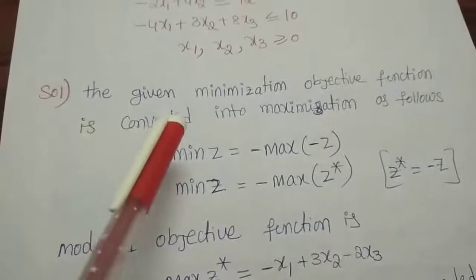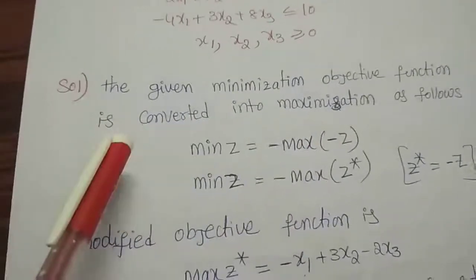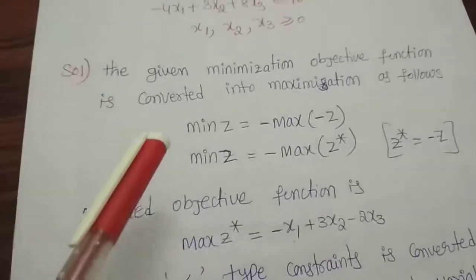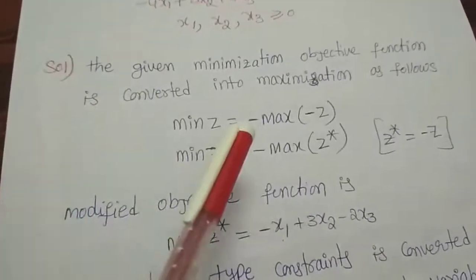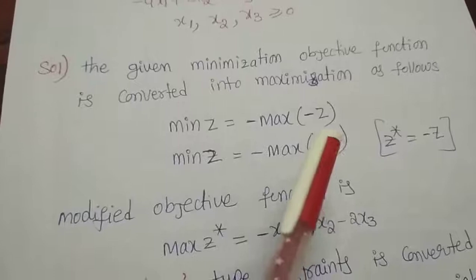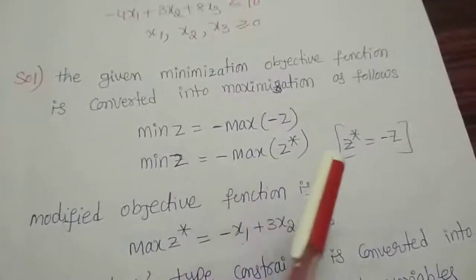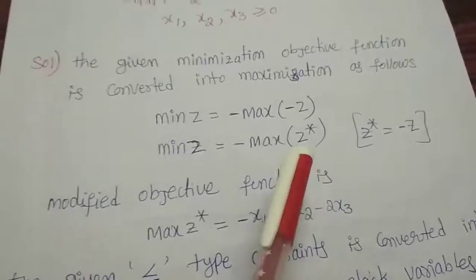The given minimization objective function is converted into maximization as follows: minimum of z equals minus maximum of minus z. In place of minus z I consider z star.